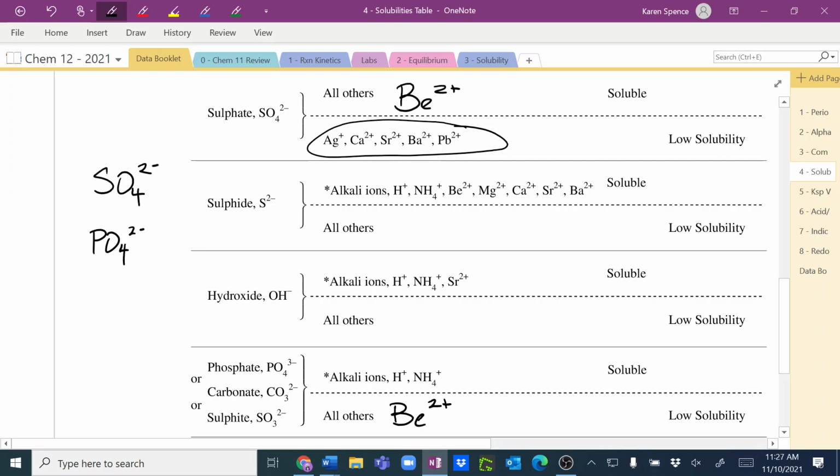Are there any other choices? Yes? Iron 3+, sure. Iron 2+ or 3+, right? Because iron is not one of those ones. I'm probably going to choose iron 3+ because iron 2+ isn't very stable, but if you chose iron 2+, that would be fine. Any others? Yes? Magnesium. Yeah, magnesium.